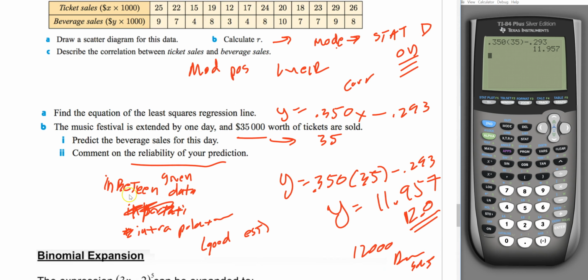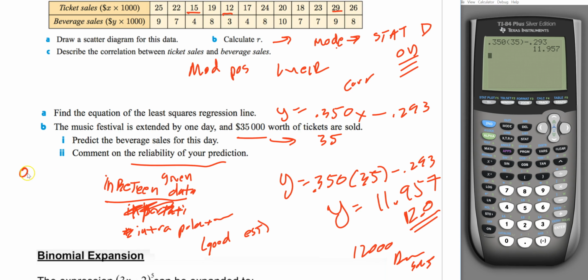But if it's in between your data sets, what does that mean? Here my lowest is 12 and my highest is 29. If I said estimate the sales of 25, then it's an interpolation. It's probably going to be a pretty good estimate.